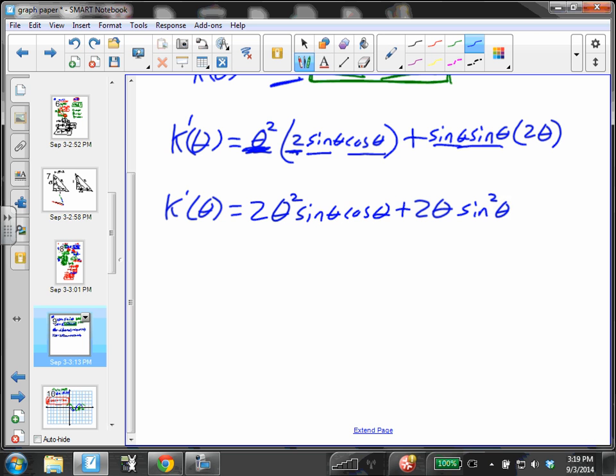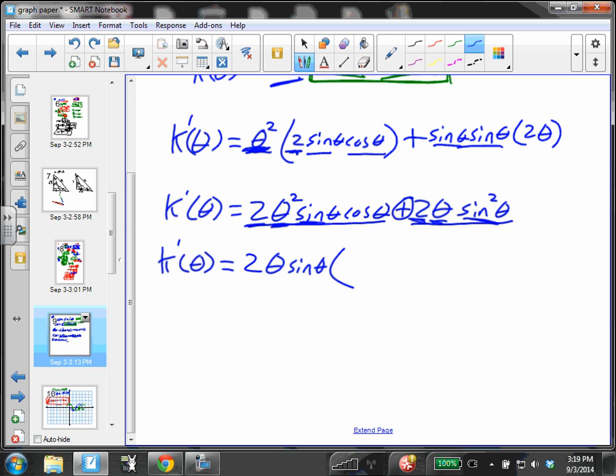Okay, and I'm going to factor out right here just to try to make a point, okay? And so I'm going to look at these two pieces, that piece and that piece, since they're separated by that plus sign. And I want to take out everything that they have in common. So they have a 2 in common, right? They have a theta in common, so I'm going to take out theta. And they have a sine in common. Very good.